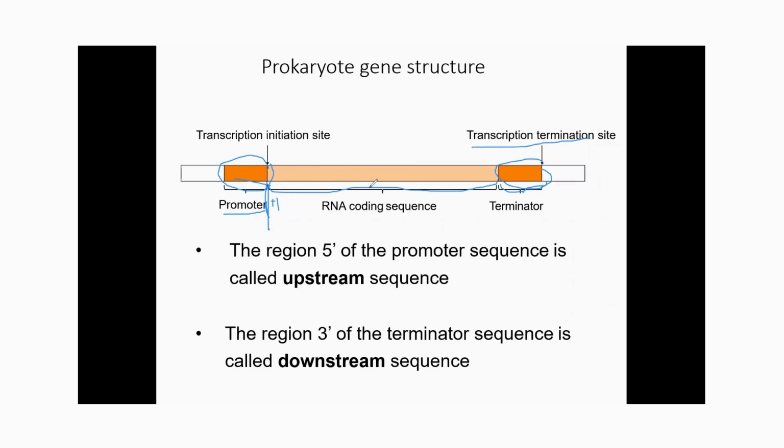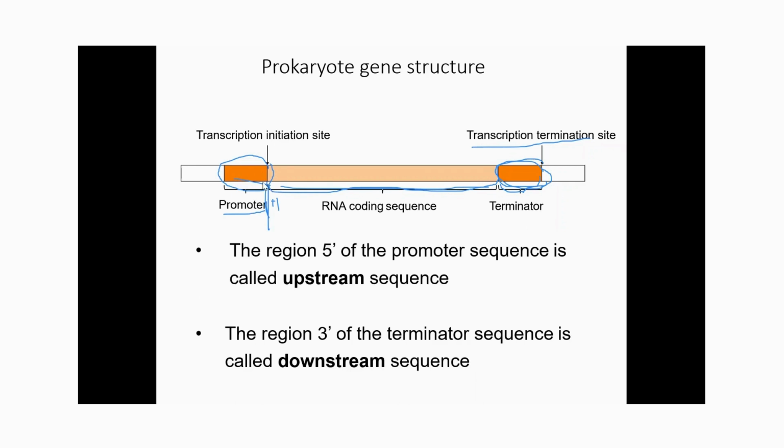Then the RNA coding sequences are present in the DNA molecule, and then in the last region the termination sequence is present. In this case, the region 5' of the promoter sequence is called the upstream sequence. The region 3' of the terminator sequence is called the downstream.